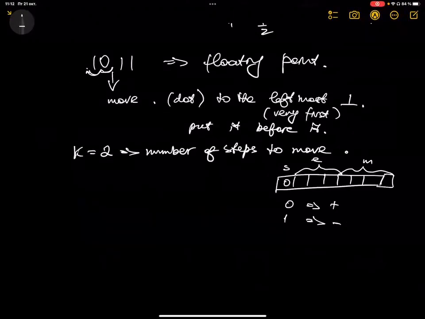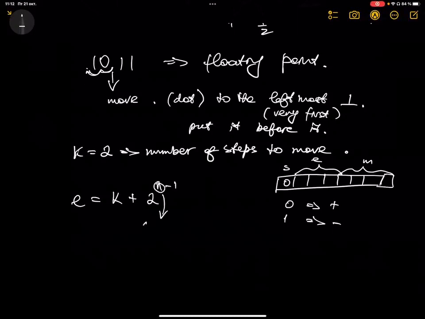And now you have to find the exponent, right? So how do you find the exponent? Exponent is equal to k, the number of steps to move the dot, plus 2 to the power n minus 1. What's n? It's the size of memory given for exponent.